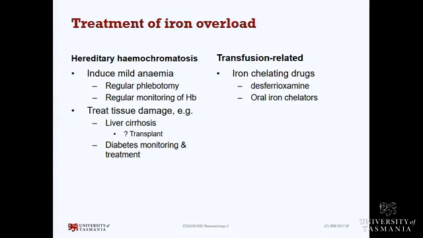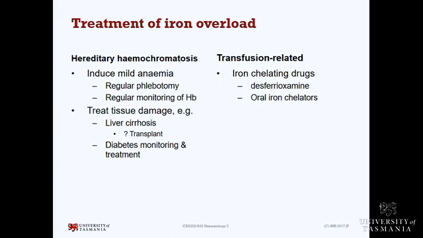Transfusion-related iron overload occurs in conditions such as transfusion-dependent thalassemia, and we'll be looking at thalassemia next week, or it could be somebody who has bone marrow failure, which is known as aplastic anemia, or some other anemic condition that can only be treated by transfusion.